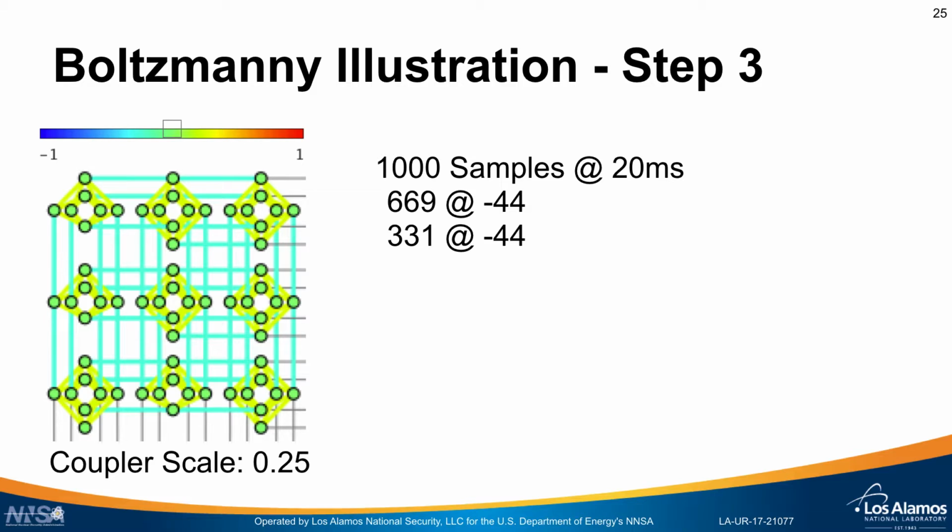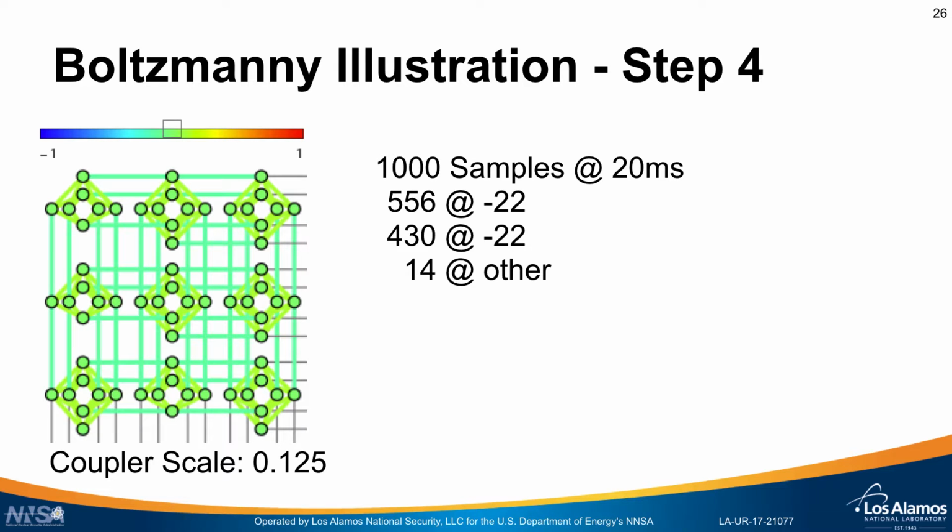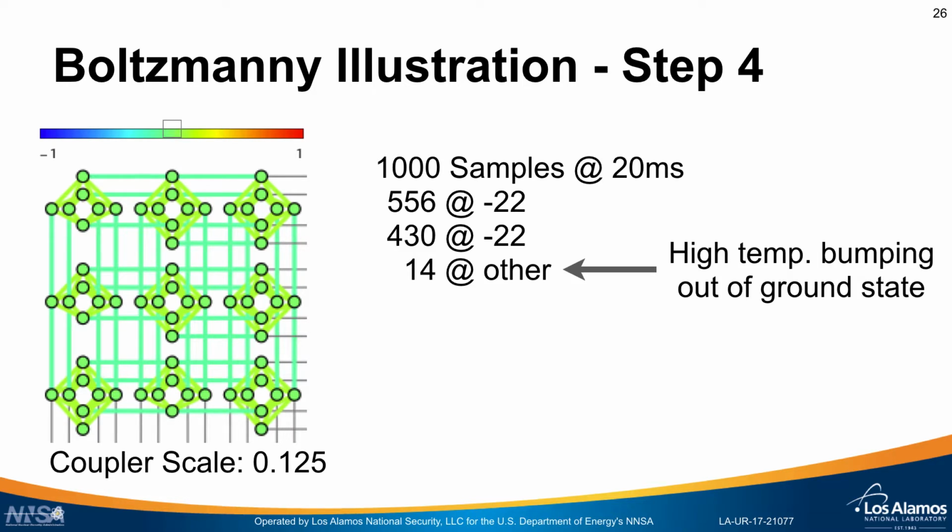We still get the two lowest energy solutions with all of the samples. Now, once we get to a scale of 0.125, we start to see that we get primarily the two ground states, but there's a few other solutions there where essentially they're getting bumped out of the ground state.